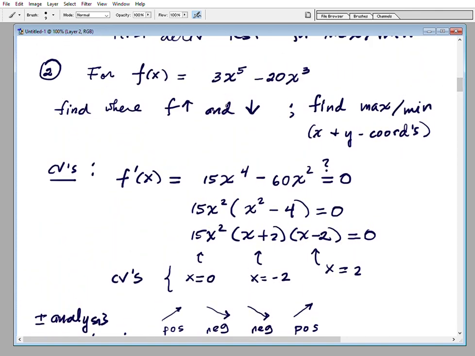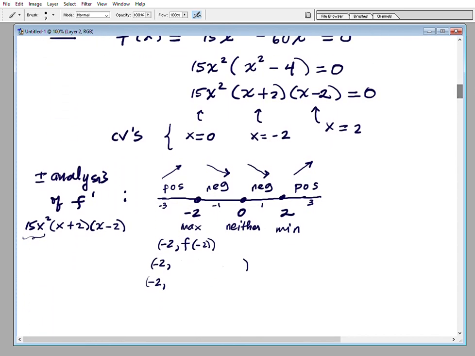Okay, here. So we have 3x to the 5th minus 20x cubed. So that's what we need to do. This is minus 32, 3 times minus 32, so we have minus 96.